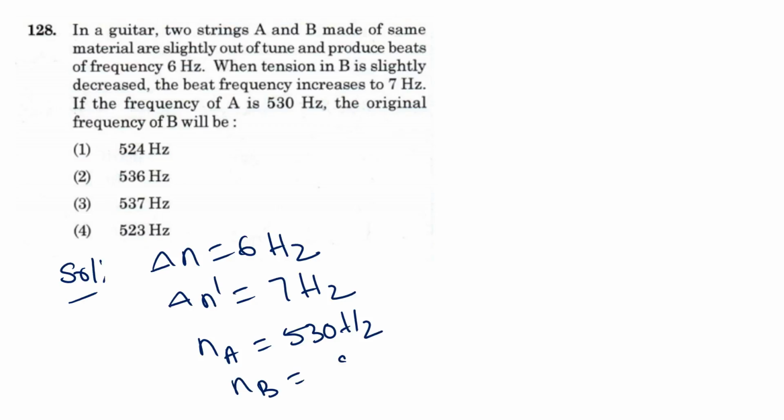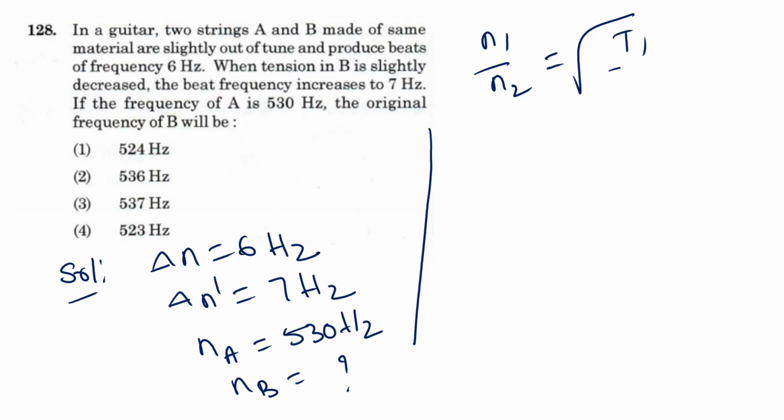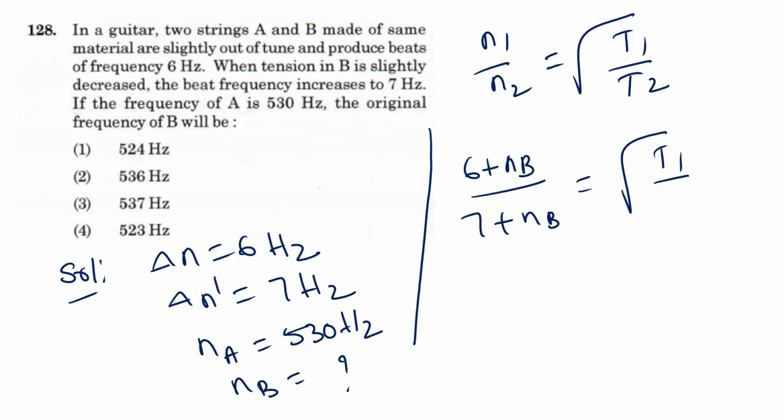The formula for this is N1 by N2 is equal to root of T1 by T2. After calculation, 6 plus NB by 7 plus NB is equal to root of T1 by T2.